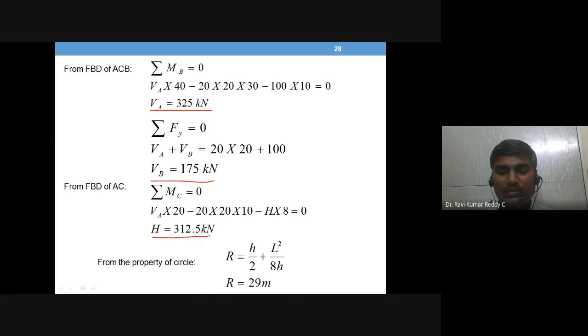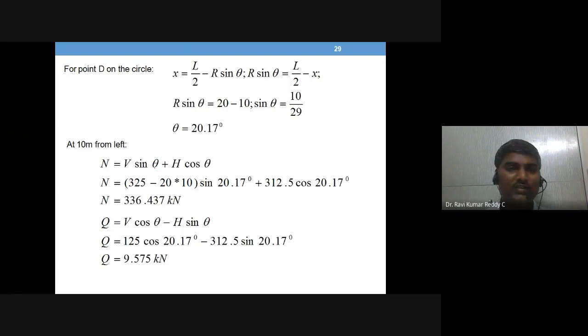Let us see now the remaining portion of the question, that is, what is the N value and what is the Q value, which means the normal thrust, nothing but compression, and the radial shear at 10 meters from the left support. We have already derived the expressions for normal thrust and radial shear.